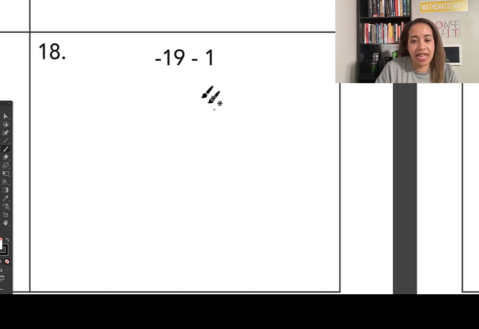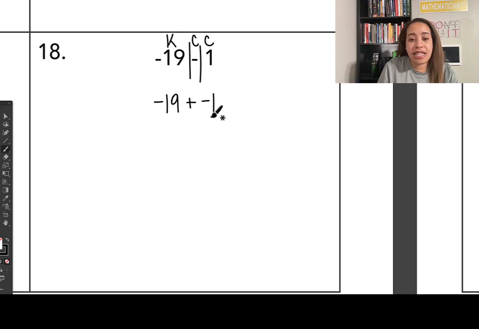Here is number 18. We see subtraction, so we say keep, change, change. We keep the negative 19, change from a minus to a plus, and change from a positive 1 to a negative 1. Now, as we look at our addition problem, we see the same signs. Both of our integers are negative, so they have the same signs.